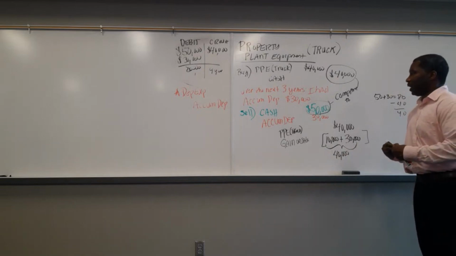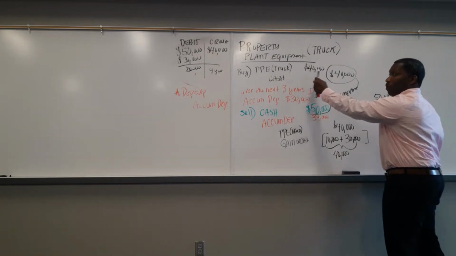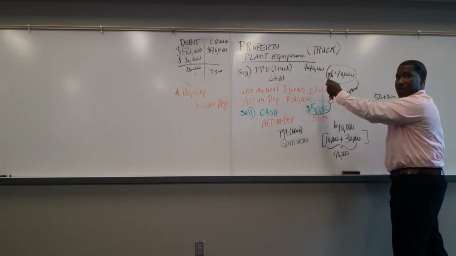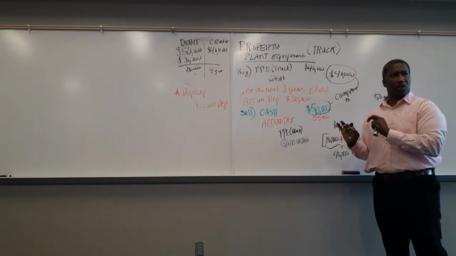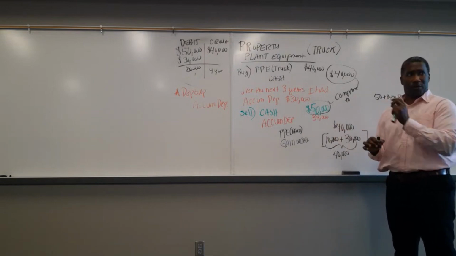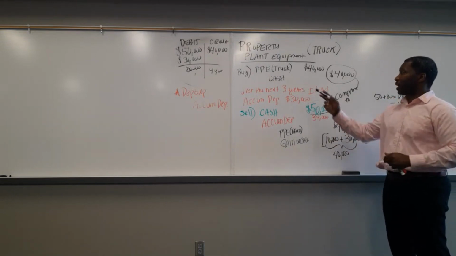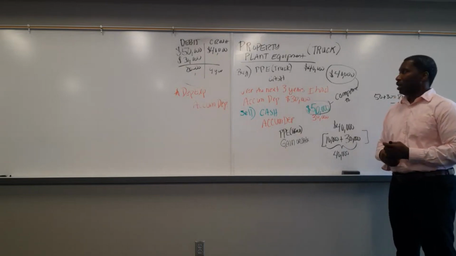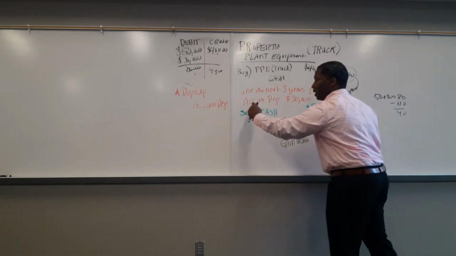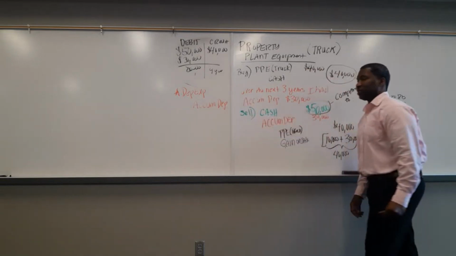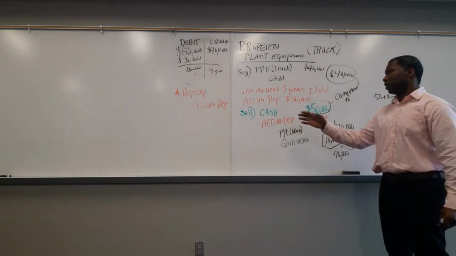So let's walk back through that. I bought the truck for $40,000. You good with that part? I bought it. I paid cash. That's irrelevant in terms of how we paid for right now, but to make it easy, we're going to say we paid cash. Over the next 3 years, I had the book value go down by $30,000 with a credit to that. So when I sell it, I'm always going to debit my cash.